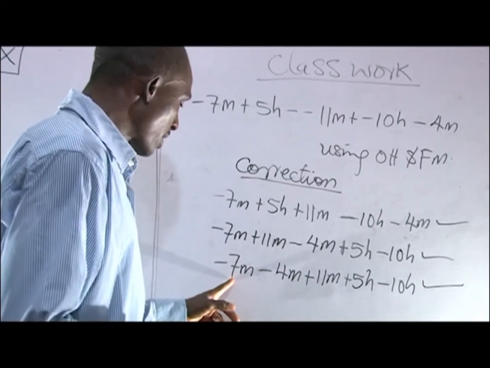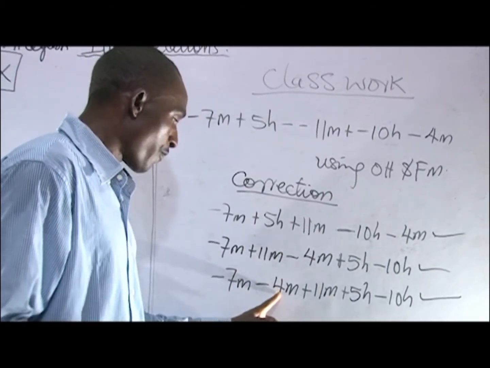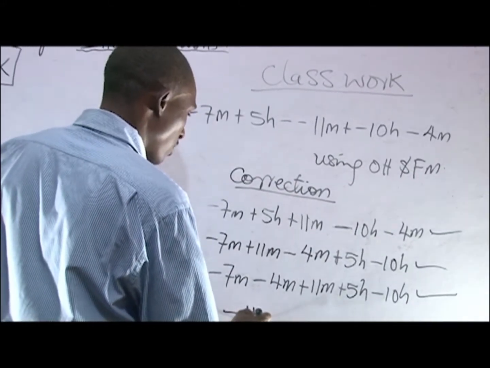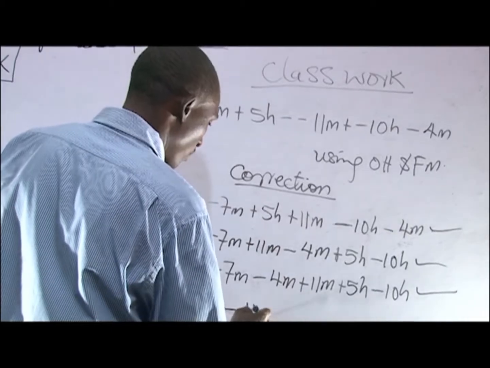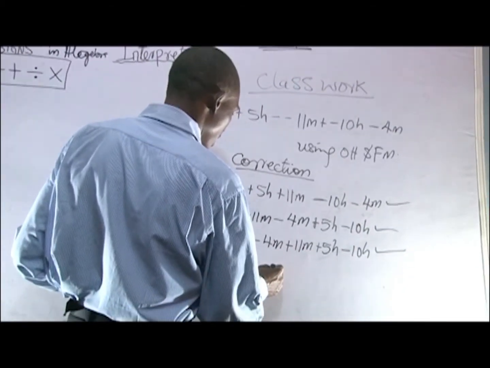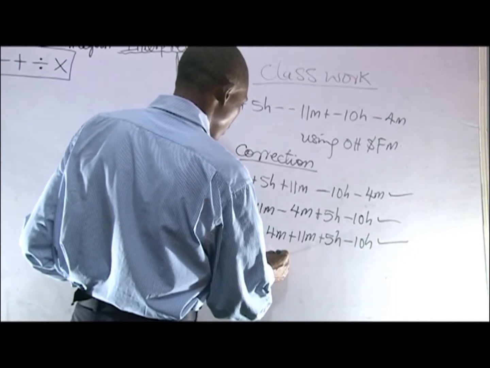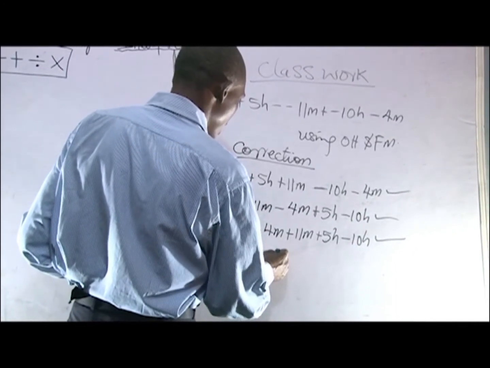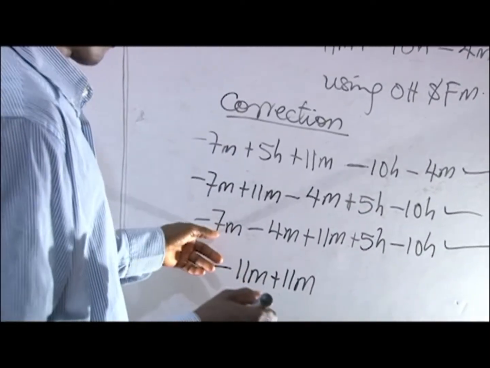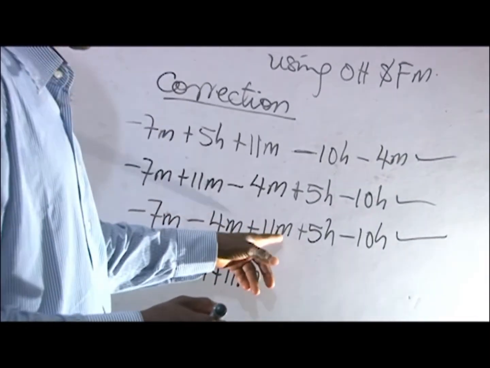When you say owing 7, owing 4, that's owing 11. Owing 11. What are you owing? It's m. Okay, put the m. Then having 11m. See that? Owing 11m, having 11m.